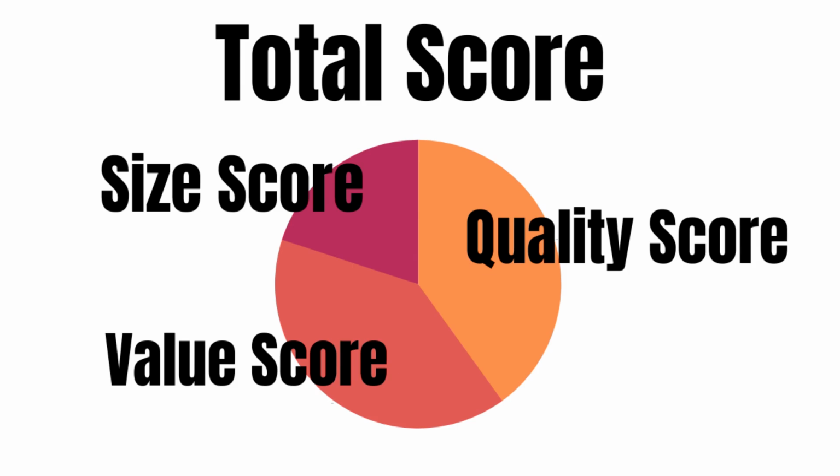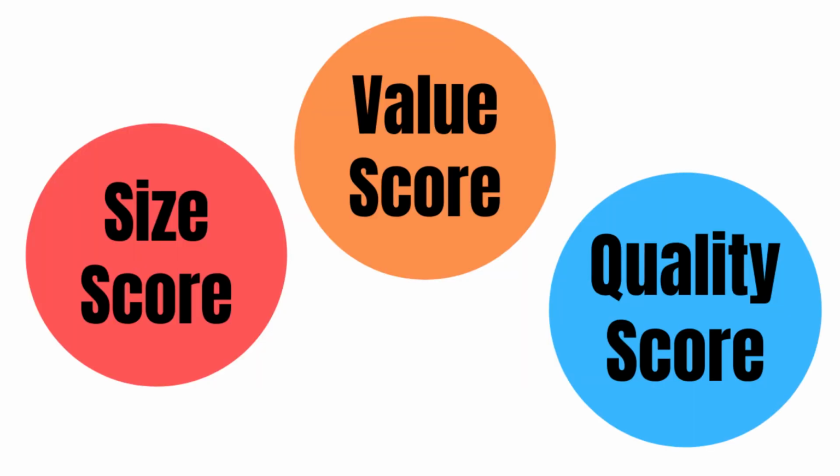For this, we will multiply each score by a given weight and then add them all up. Now, we have a combined score for each stock that we looked at. Out of these stocks, we will then buy those stocks with the best score and hold on to them unless their scores fall.